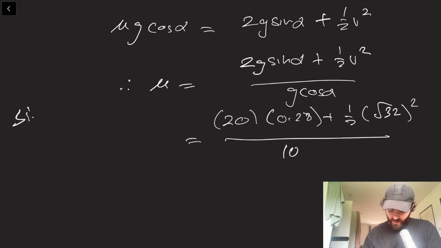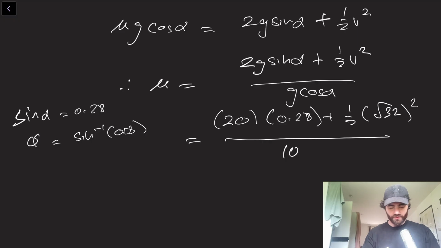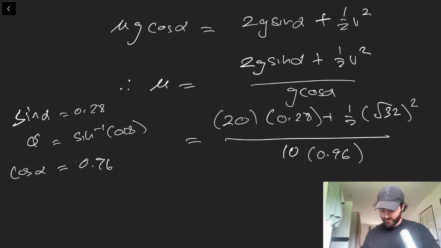If sine alpha equals 0.28, then alpha equals the inverse sine of 0.28. So then cos of that, so shift sine 0.28 cos answer. If you put that in your calculator, you get 0.96 times 0.96.